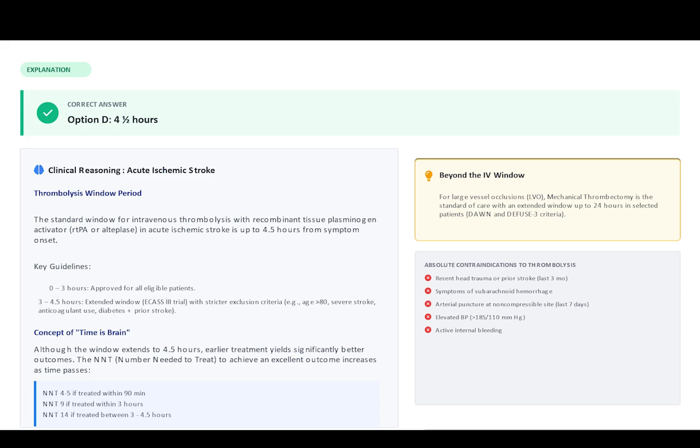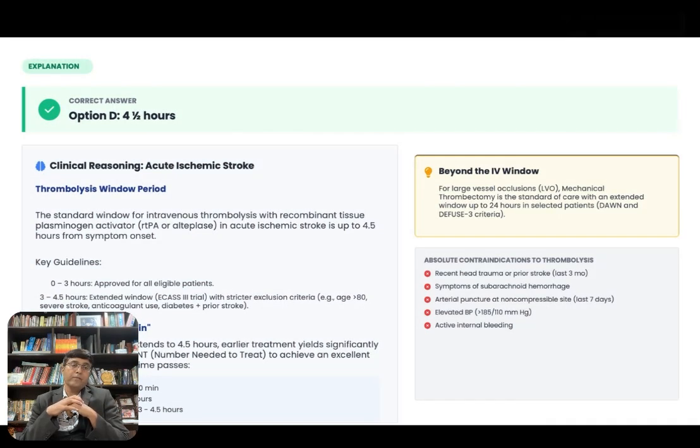For large vessels like the middle cerebral artery or the internal carotid artery, mechanical thrombectomy is the standard of care, with an extended window period up to 24 hours in selected patients as per the DAWN and DEFUSE 3 criteria. Other parts of standard care are antithrombotic therapy, neuroprotection, and rehabilitation.